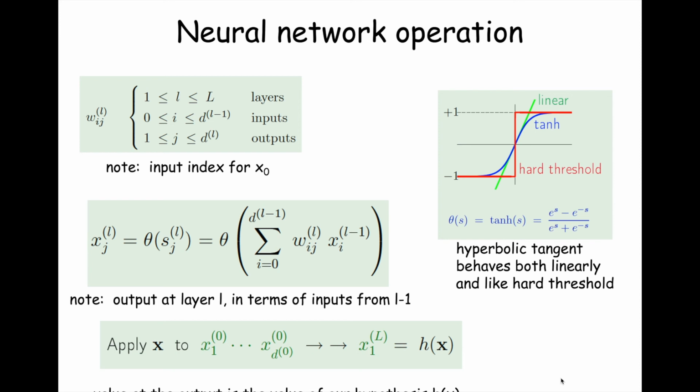And when we want to compute our hypothesis h of x, what do we do? Well, we take our inputs, x, and you notice here, the superscript is 0. Another way of saying the input layer is saying the layer number is 0, even though in the nomenclature, the layer number starts at 1, right? And so saying 0 is just a little cute trick for saying input, because the input is different from all the layers. So you notice here, I have my x vector, and my x vector has some dimensionality, right?